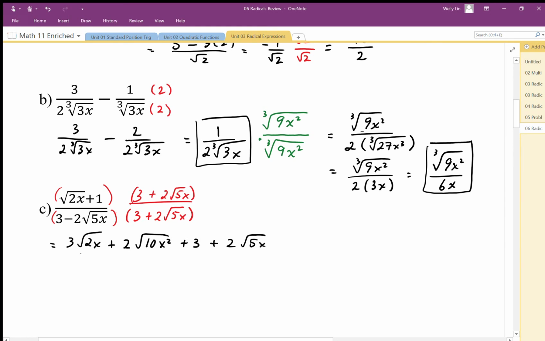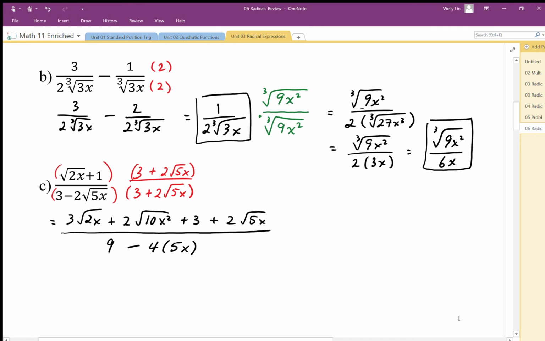Okay, all over, and we're going to end up with 3 squared minus 4 times square root 5x squared, which is just 5x. So I've rationalized my denominator, and I really should see if there are any like terms. There aren't any like terms here, but this x squared should come out.